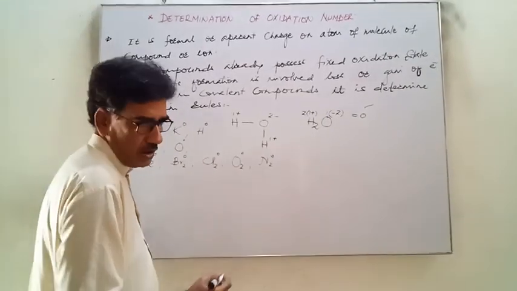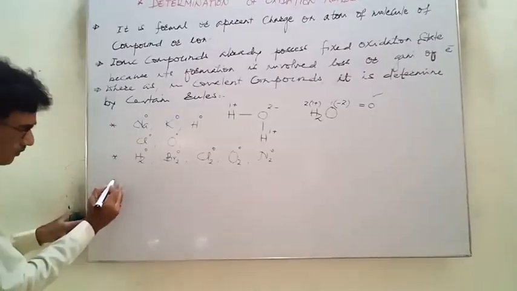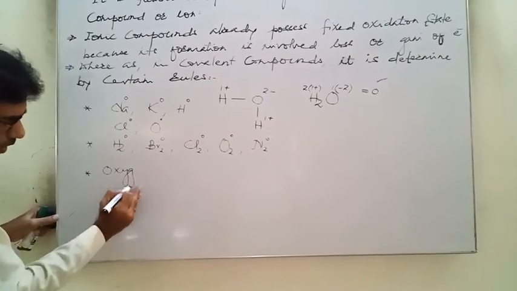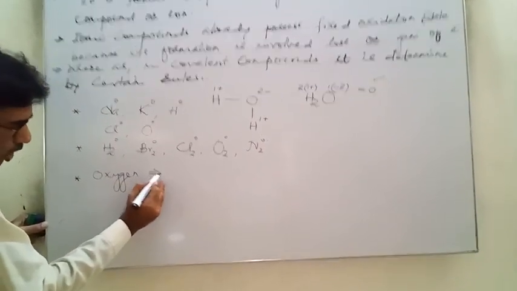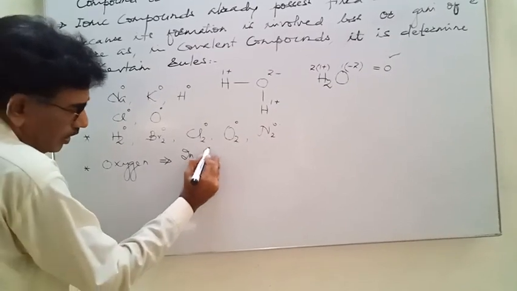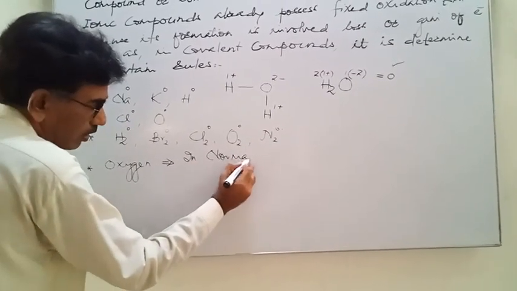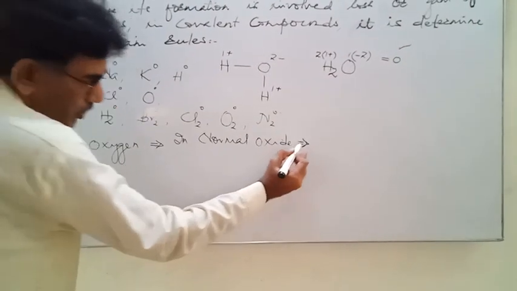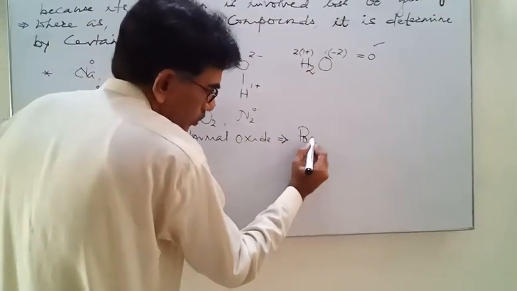As you know, oxygen in normal oxides always possesses an oxidation number of -2.